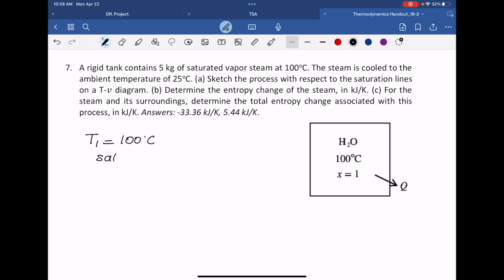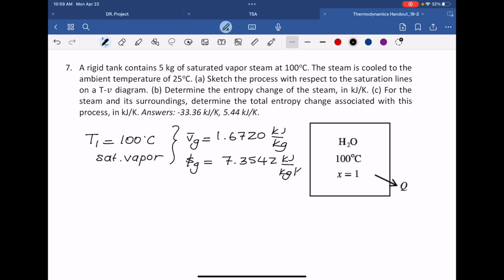It's a saturated vapor of water, and we look at the tables to read. For the first state, specific volume is the Vg. Specific entropy is the Sg at the first state. And we can also find other properties if we need to.